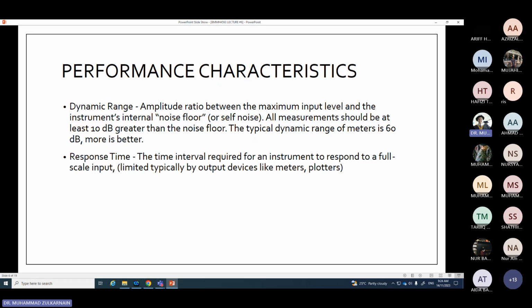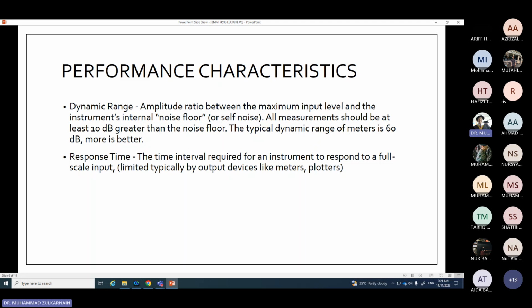That one we can say is the source of the noise, and some of this noise we call the noise floor. So for dynamic range, we can measure the amplitude ratio from the several sources.